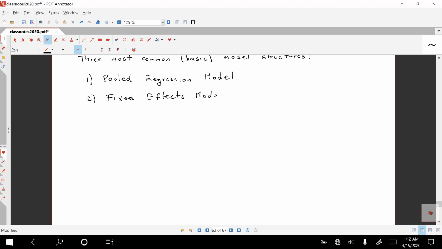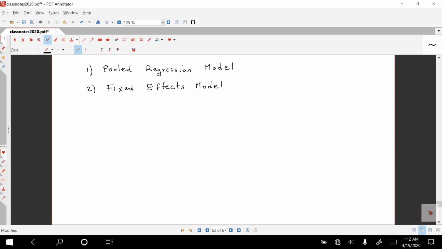This model structure refers to what we believe is the model underlying the data that we have at hand. Number three is what's called the random effects model.